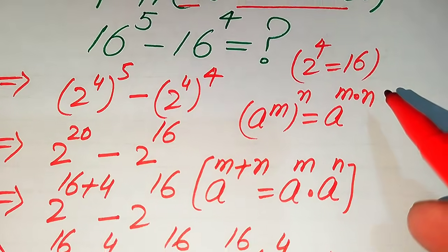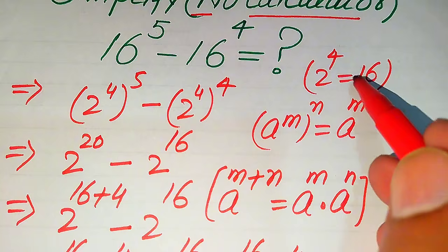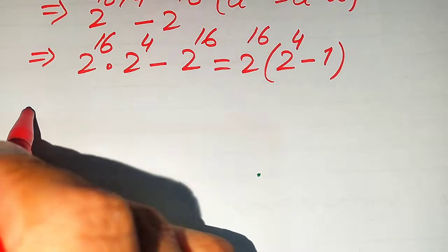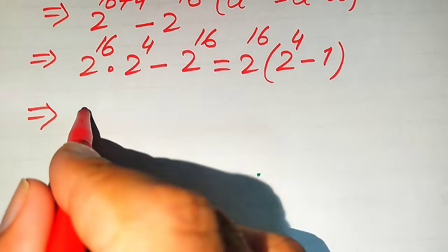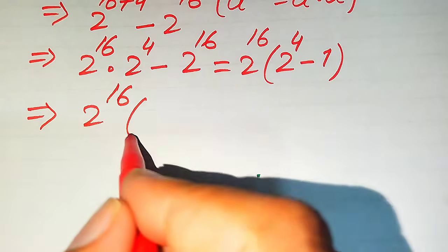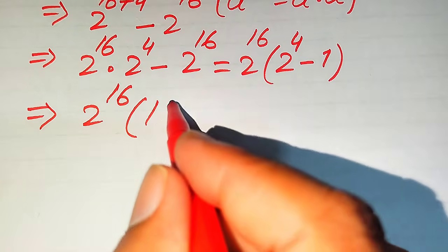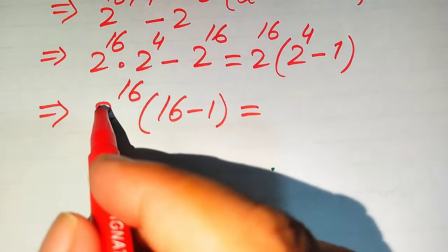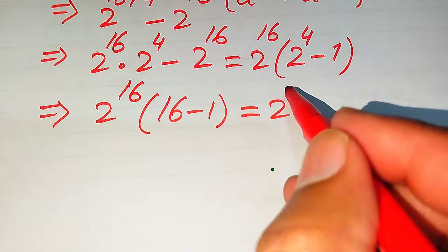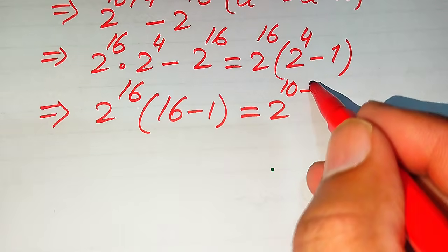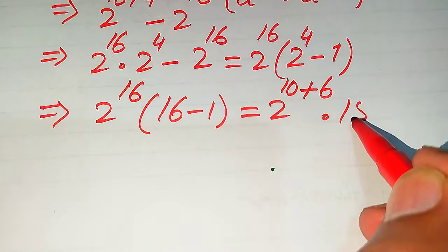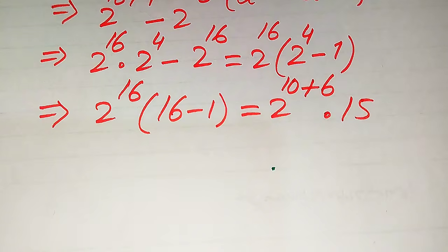And here, from the start of the problem, we replace 2 to the power of 4 with 16, so we back substitute this value and it will be written as 2 to the power of 16 into 16 minus 1. Here we again break 2 to the power of 16 as 2 to the power of 10 plus 6, and 16 minus 1 becomes 15.